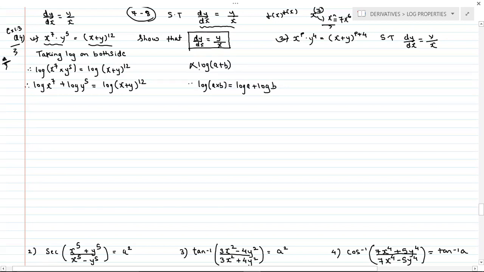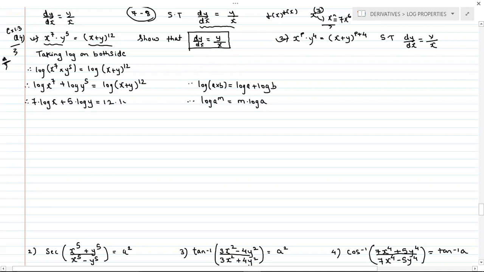After this, just check whether we can do any further adjustment with respect to log properties. Yes, we can use the formula to bring the power down: m into log a. So this we can write as 7 into log x plus 5 into log y.